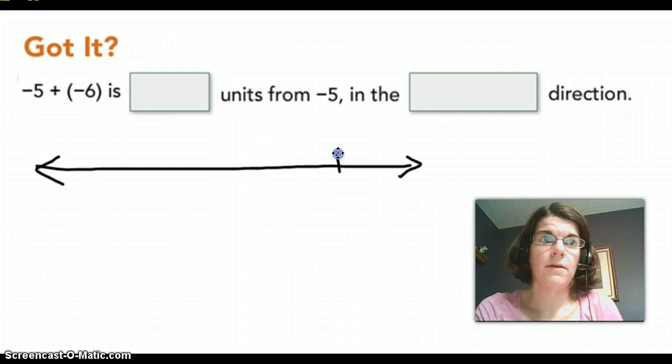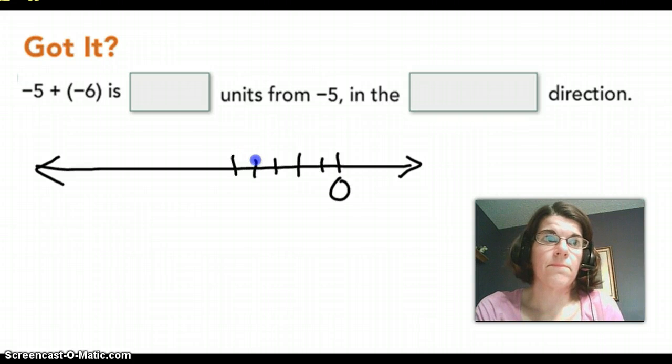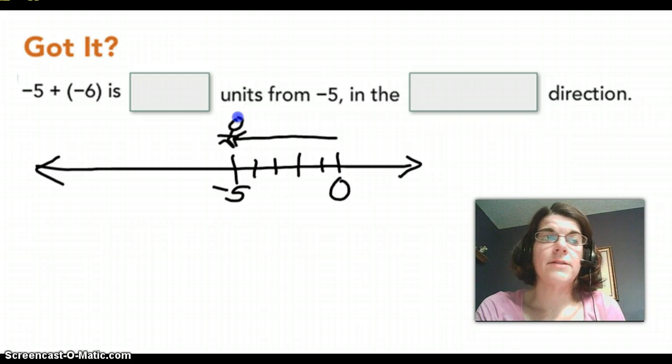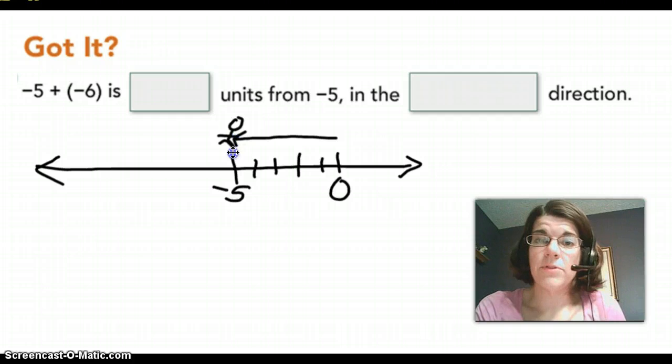Okay, here's 0, there's negative 5, so this is my starting point, and the man here is going to have to go 6 jumps to the left in the negative direction.